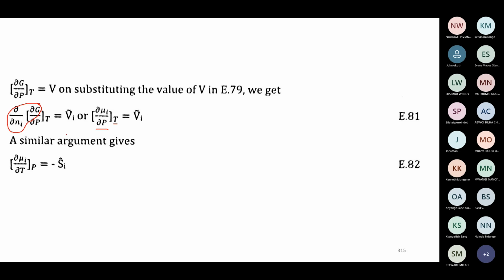Using a similar argument, we can also end up with the change in mu i with respect to temperature at constant P equals negative partial molar entropy for that component i.